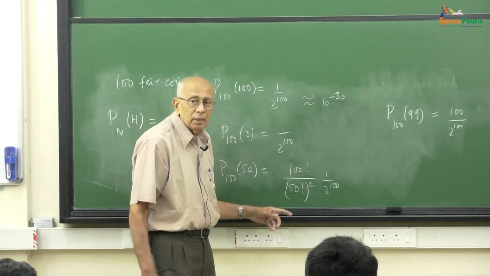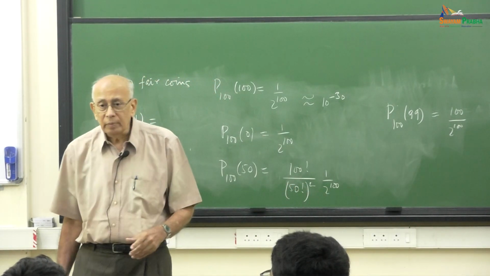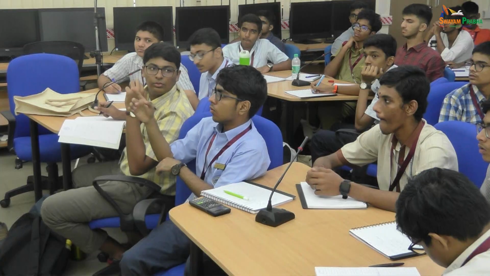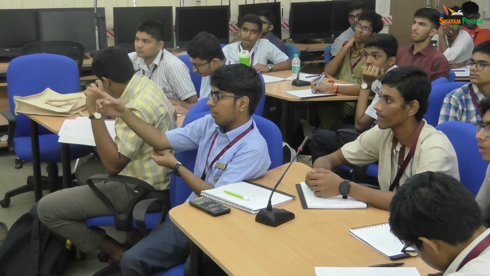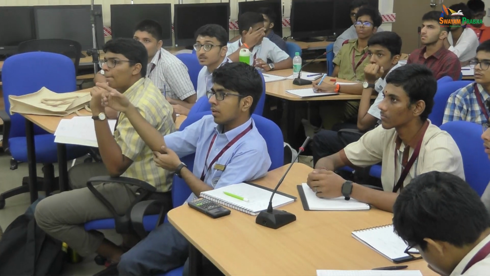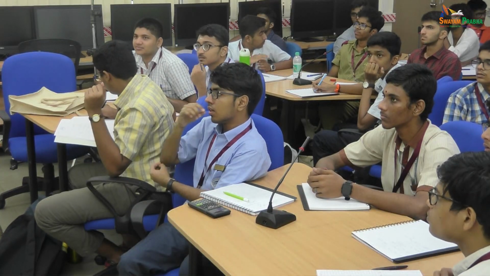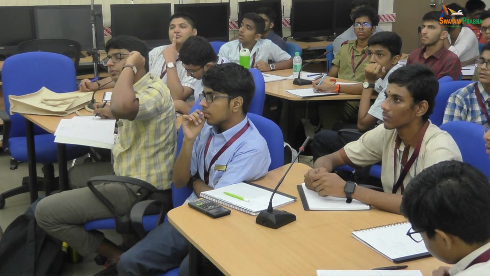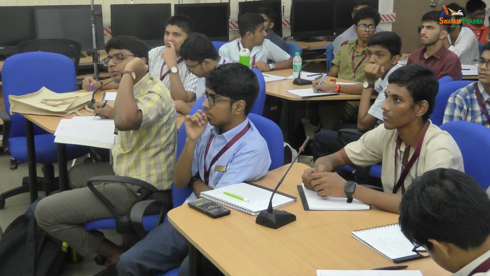I urge you to do this by whatever means. I'm going to show you a trick for doing this. The next term will increase by n times n minus 1, so there will be 100 times 99, and the next one will have 100 times 99 times 98, divided by 3 factorial, and so on.